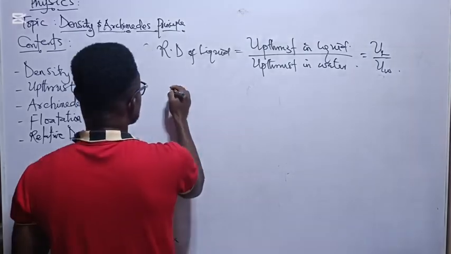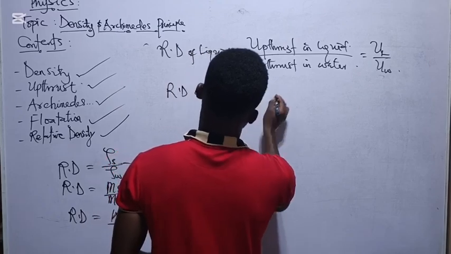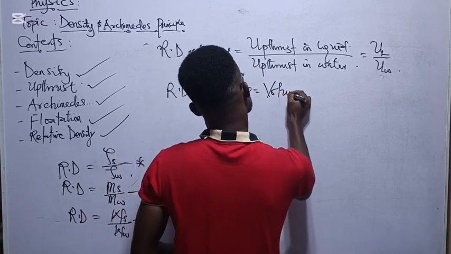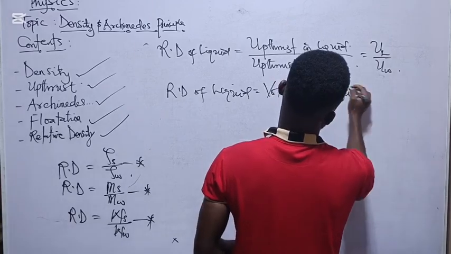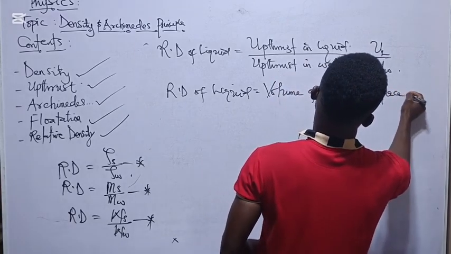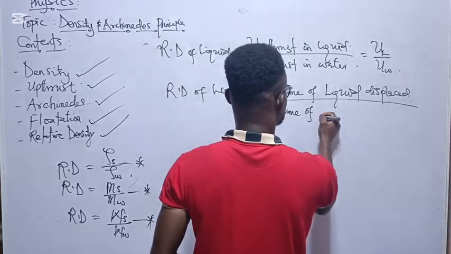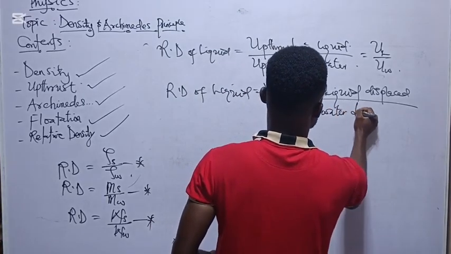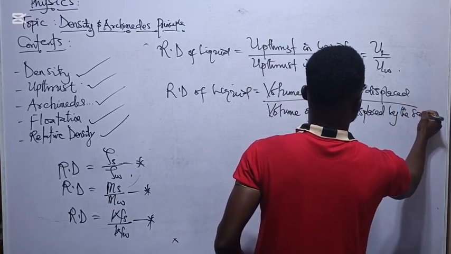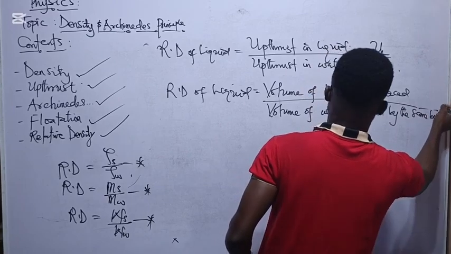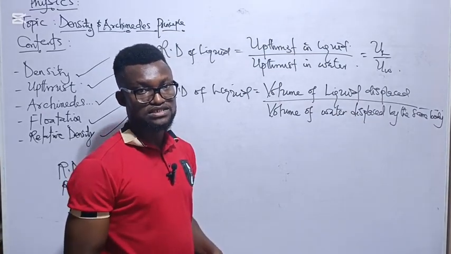So you can also say relative density of liquid is equal to volume of liquid displaced over volume of water displaced by the same body. Okay? Then again, you can also relate it with its weight.